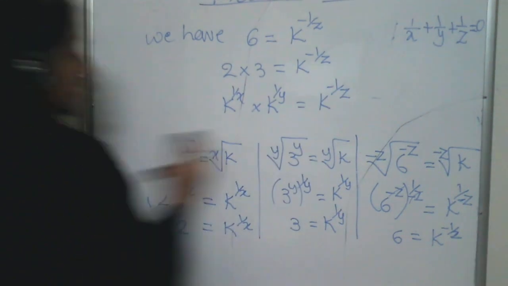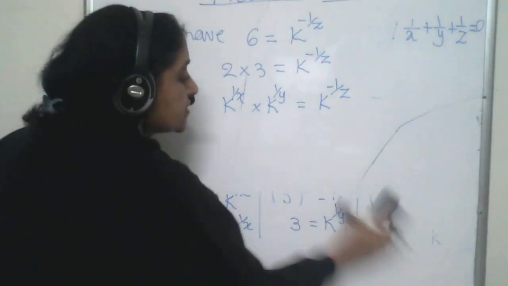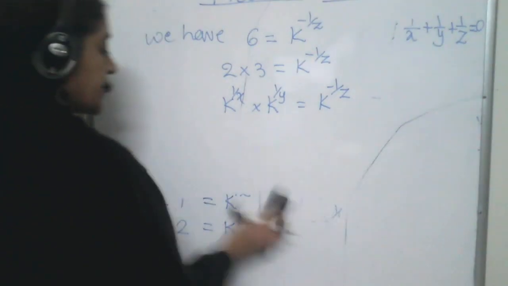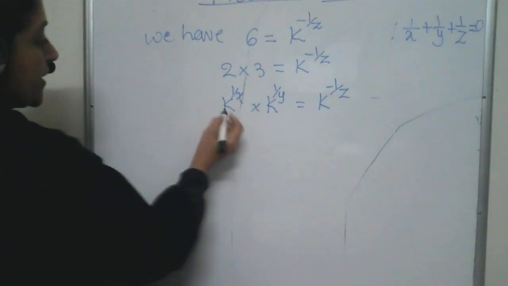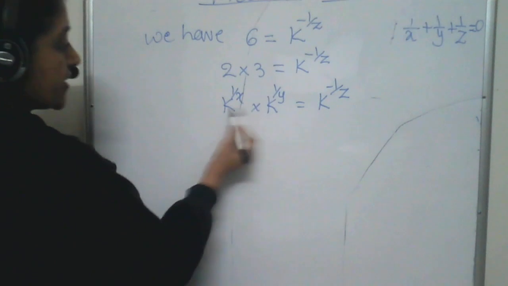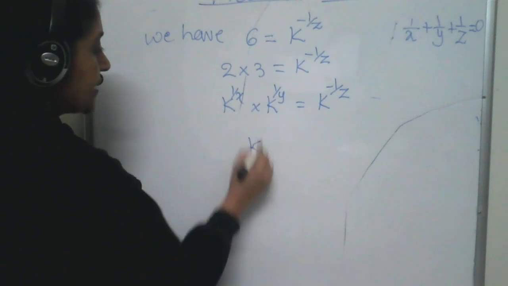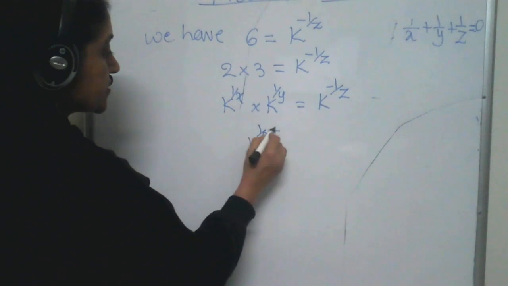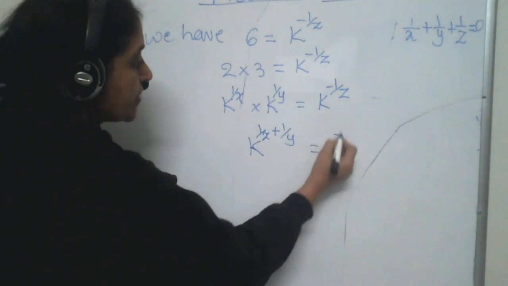Now k and k are the same bases, and they are in multiplication on the left hand side. When they are in multiplication and their bases are same, we have to add the exponents.